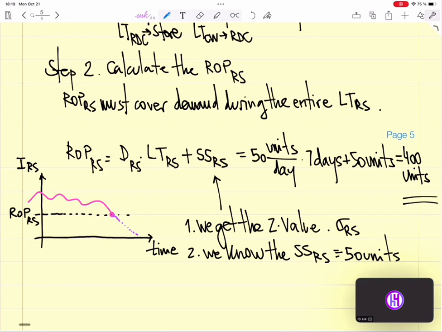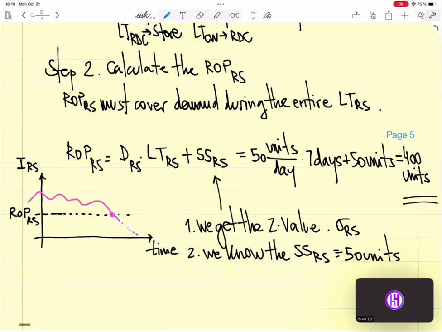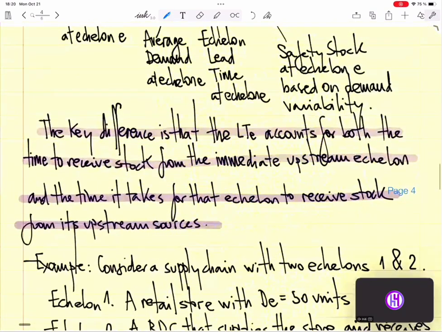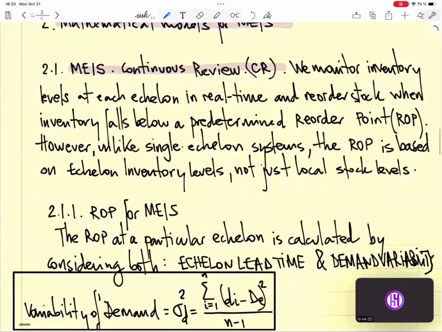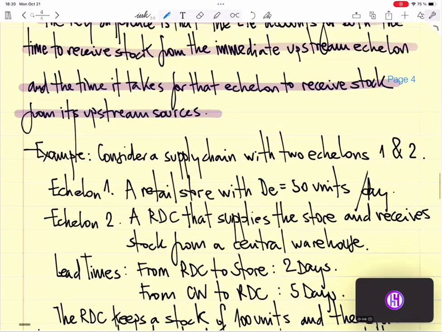No questions? All right. Well, then let's hit the trail with the second example, which is a periodic multi-echelon review system. I would call the example 2.2.